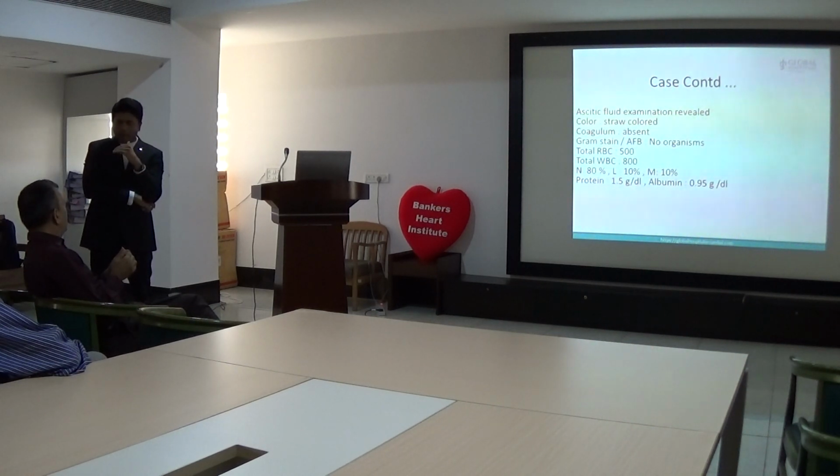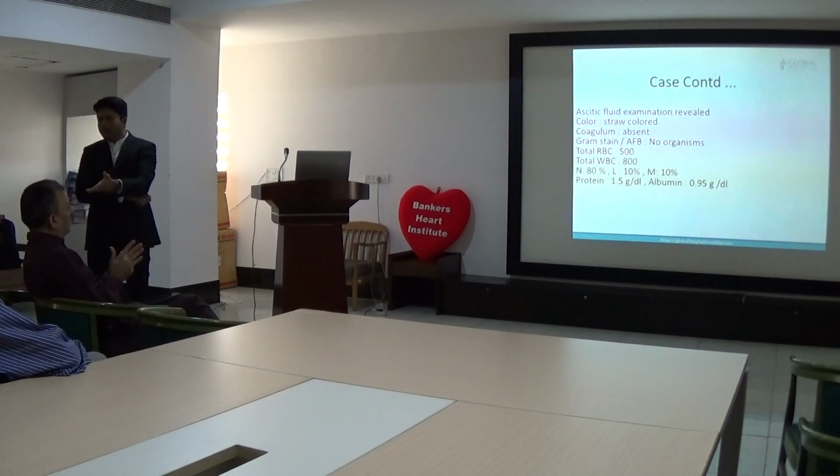Second, when you have counts of more than 10,000 RBCs, you need to give a correction to the WBC count. For every 750 RBCs, you reduce the WBC count by 1. That gives you the correction. 500 is still okay. If you have more inputs, I would want to understand that, but that's how we deal with it.